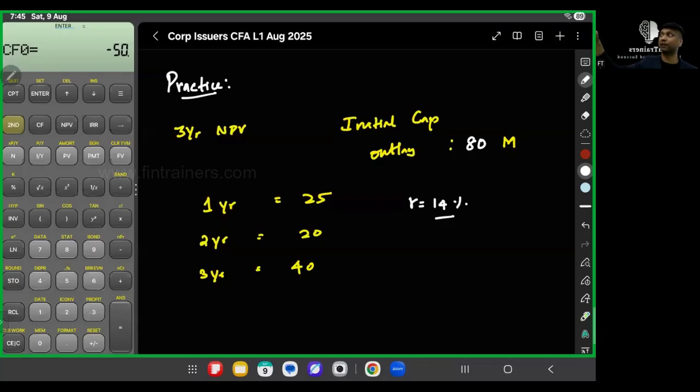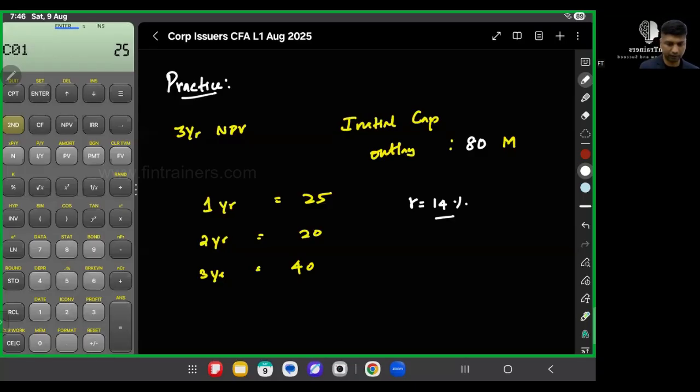Before I do this one, make sure you clear the worksheet because last time I input 4 cash flows. This time I only have 3. If you don't clear it, the 4th cash flow will still be there in the cash flow sheet. So I will do second, clear worksheet. Then you can see that it is all now cleared. CF0 is negative 80. It's an outflow, an outlay, so negative, enter, down arrow.